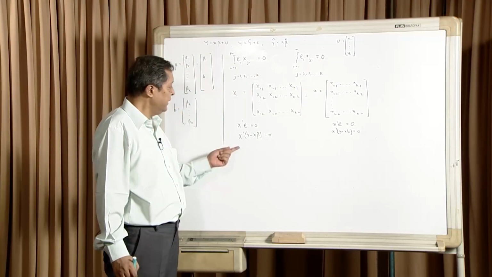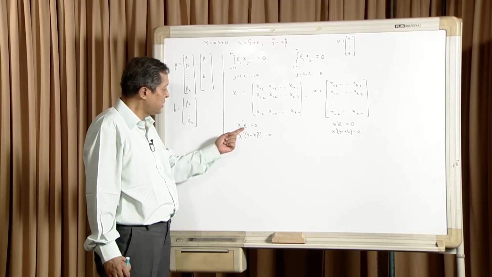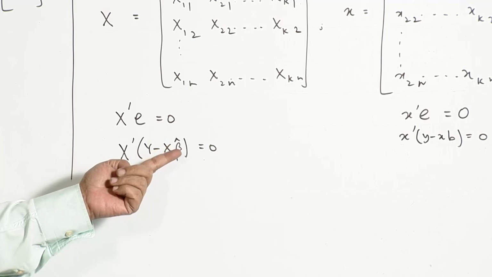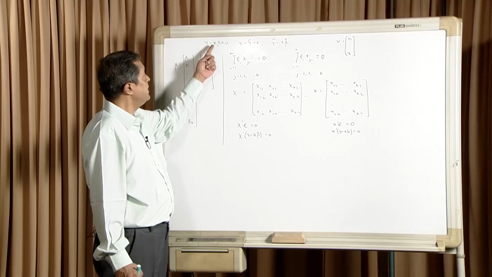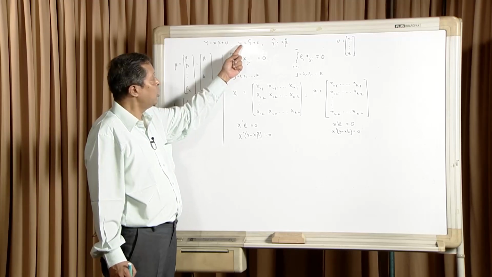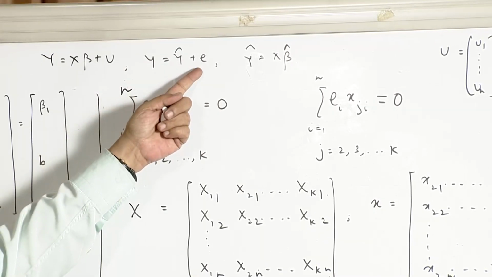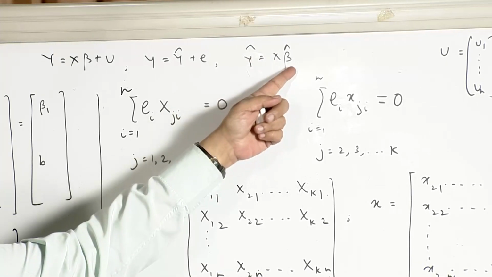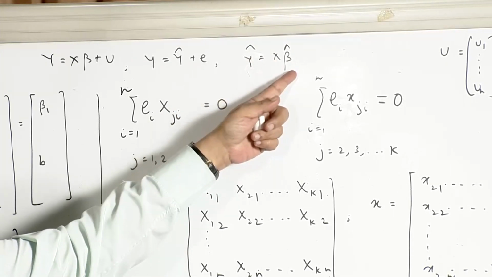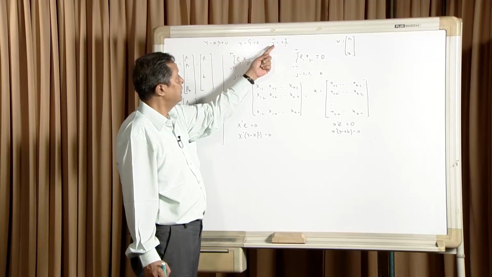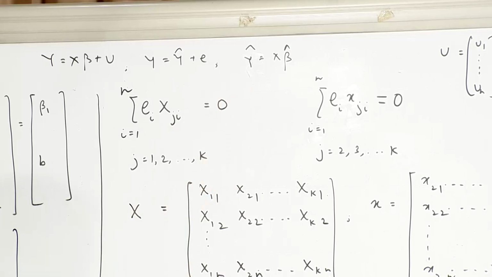So, having written it in matrix form, you just substitute e is equal to y minus X beta hat, because y is equal to X beta plus u, and y is y hat, actual or observed is estimated plus error. What is the estimate? X matrix times beta hat. So, that is the estimate. So, what is the error of estimate? y minus y hat, that is y minus X beta hat.